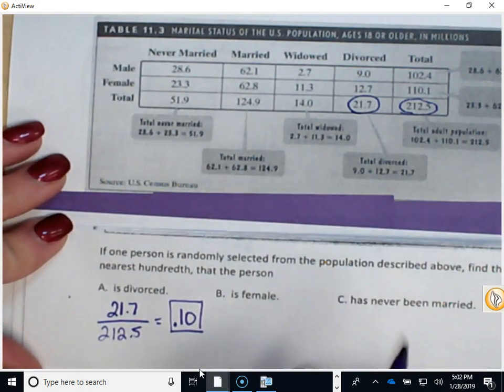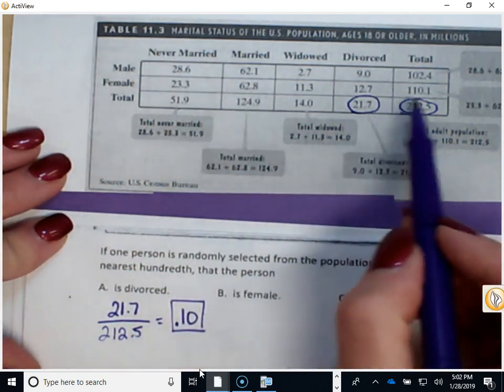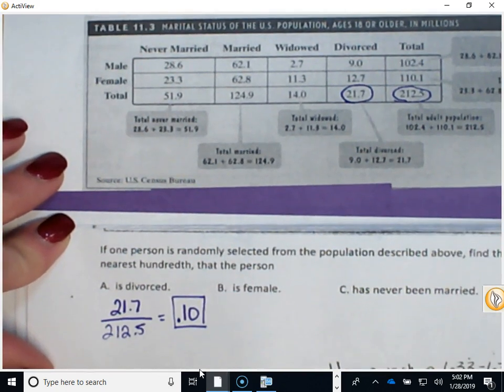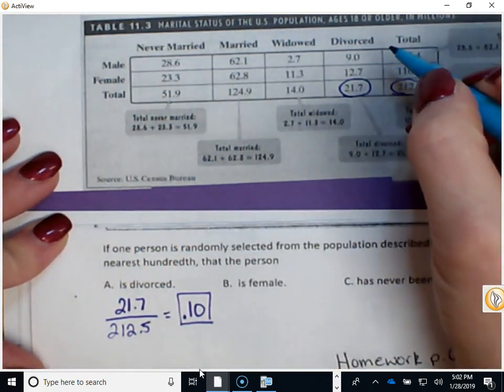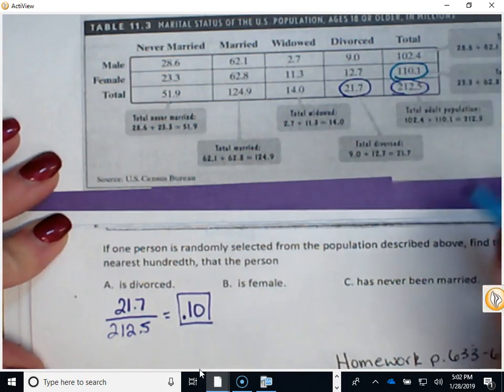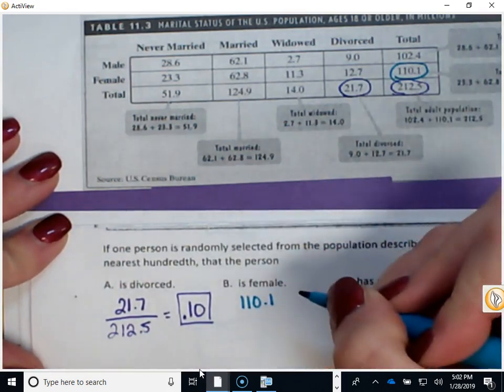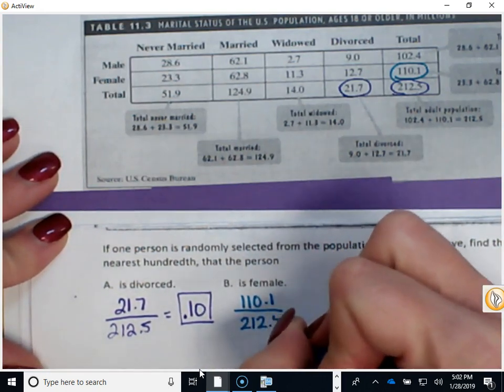Question B says, what's the probability out of all those people that they were female? Let me pick a different color so this isn't too confusing. Here's blue. Out of the females, there is a total number of 110.1 million, out of the 212.5.